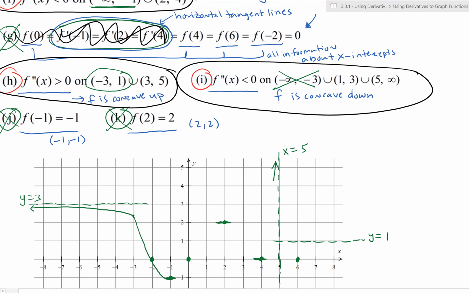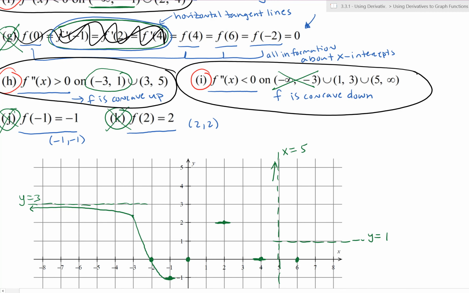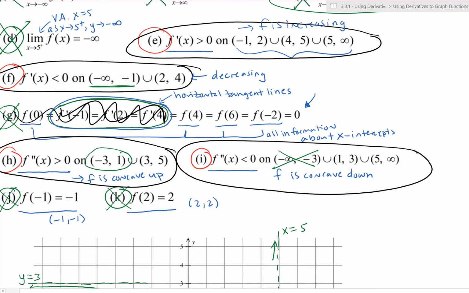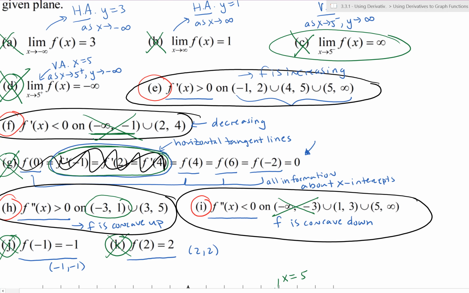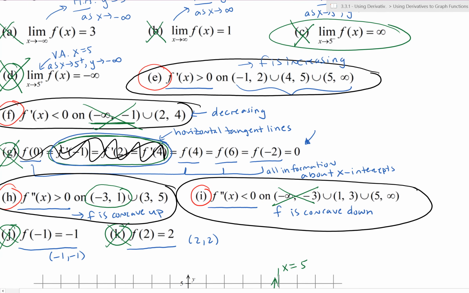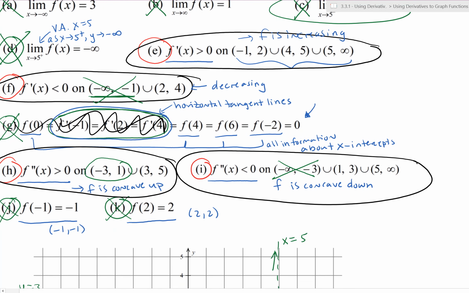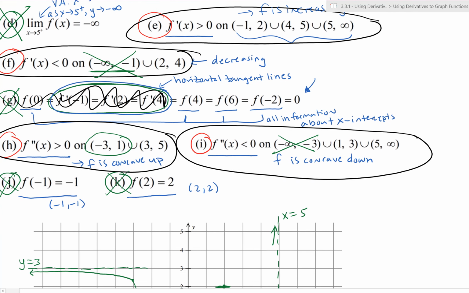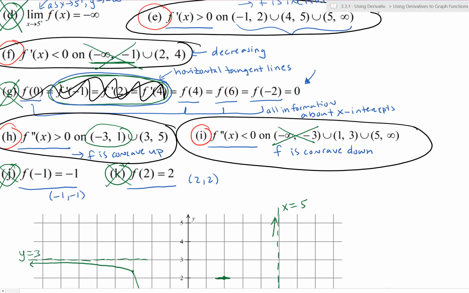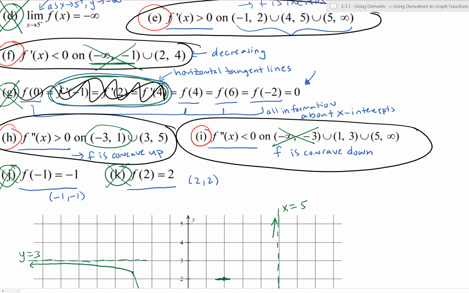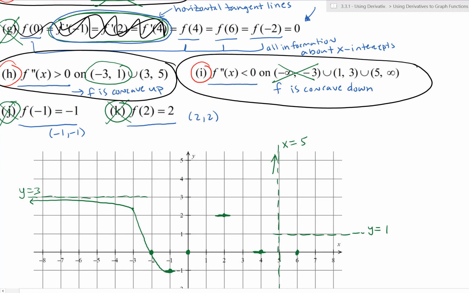The function continues to be concave up from part H there until positive 1. However, we've taken care of that interval now, and we are now going to be increasing from negative 1 to 2. So in fact, from negative 1 to 1, combining parts E and H, we're going to be concave up and increasing from negative 1 to positive 1.